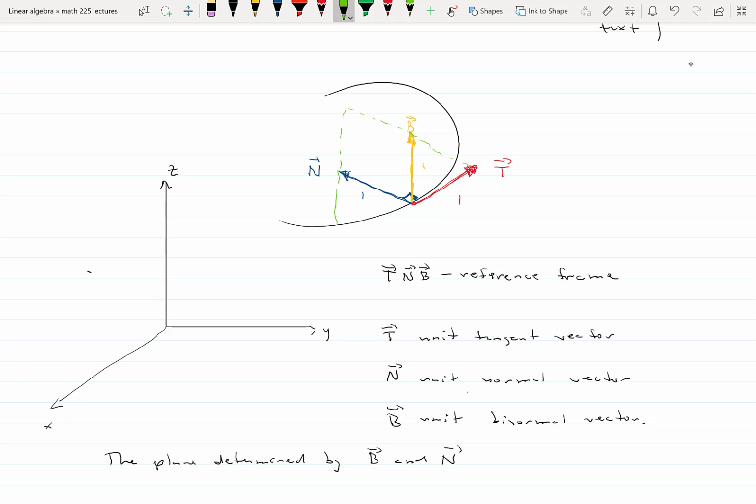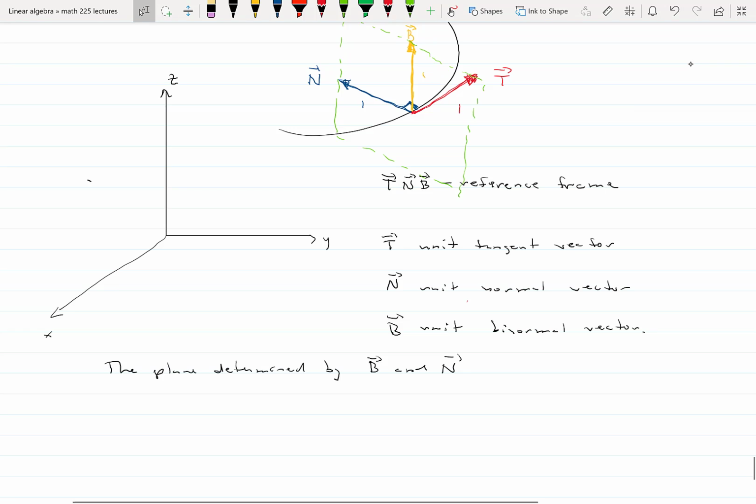And it's an important plane. It has a special name. It's called the normal plane. And of course, it's only good at the specific instant of time that my spaceship is located right at that point on the curve. But it's called the normal plane.